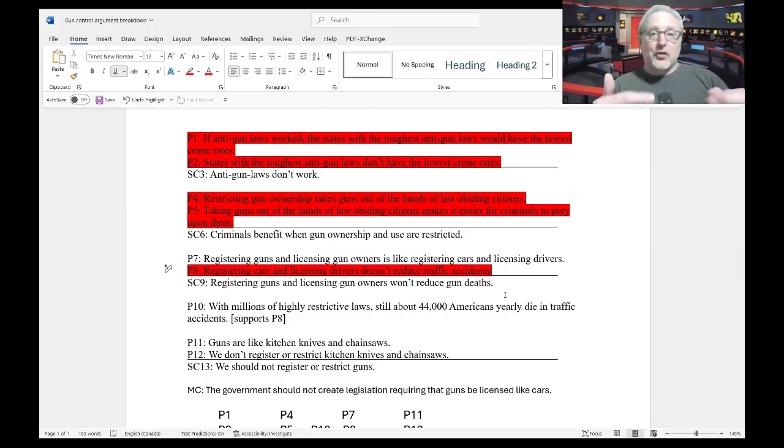So if registering guns and licensing gun owners is like registering cars and licensing drivers, then yeah, registering guns and licensing gun owners would reduce gun deaths.